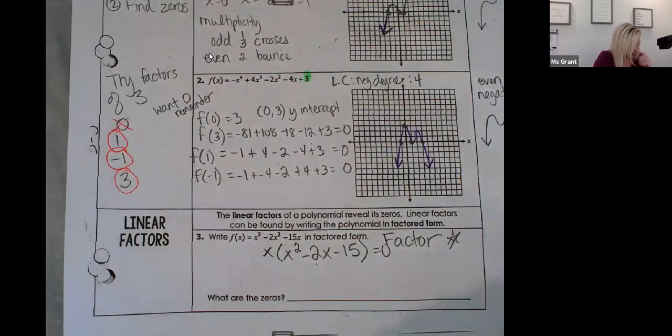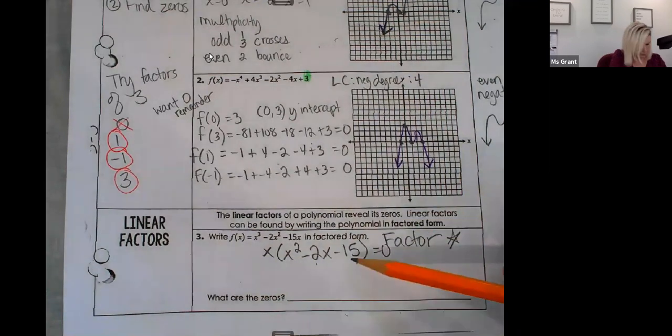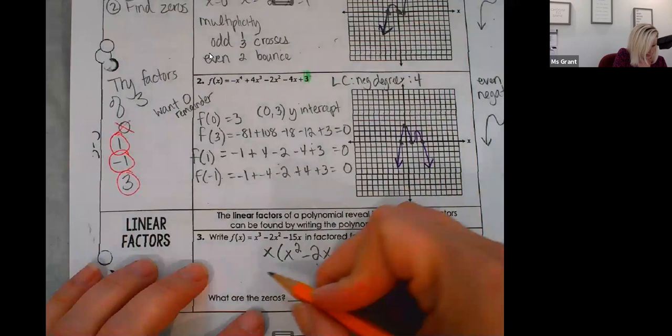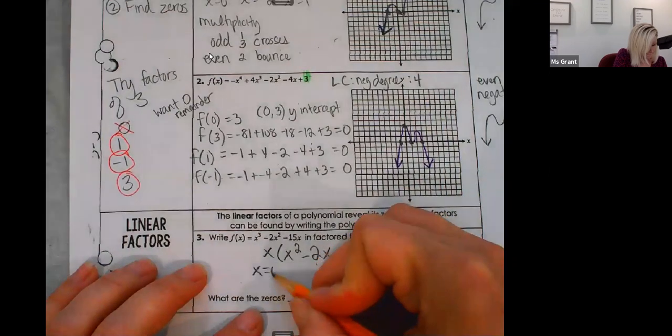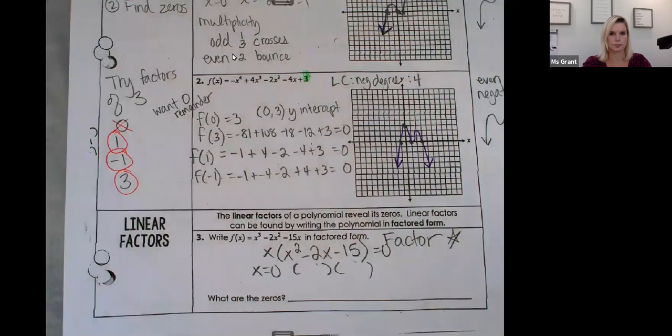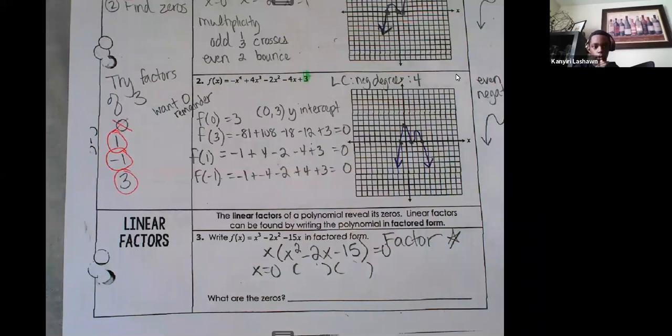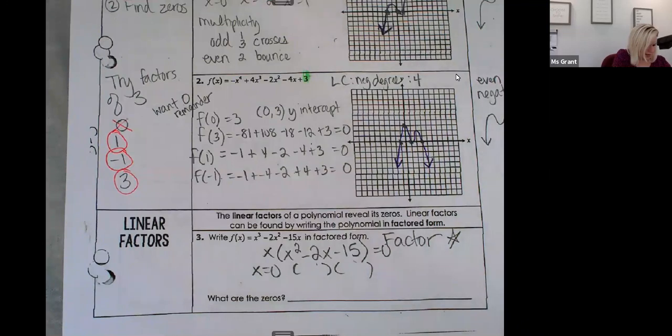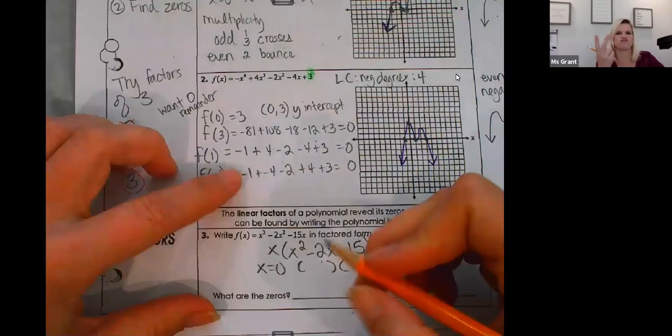Can someone tell me the factor of this here? This is obviously x equals 0, but what's this? Five and negative 3.